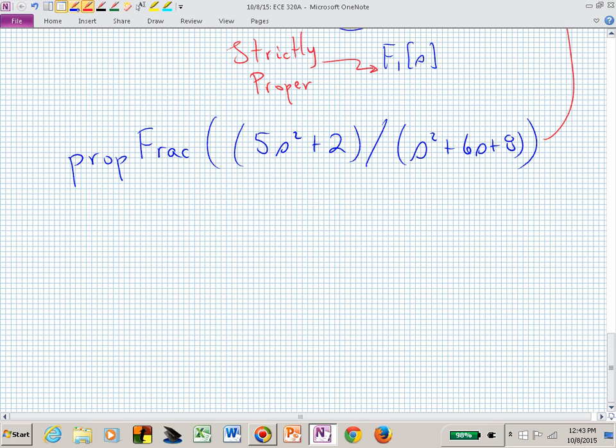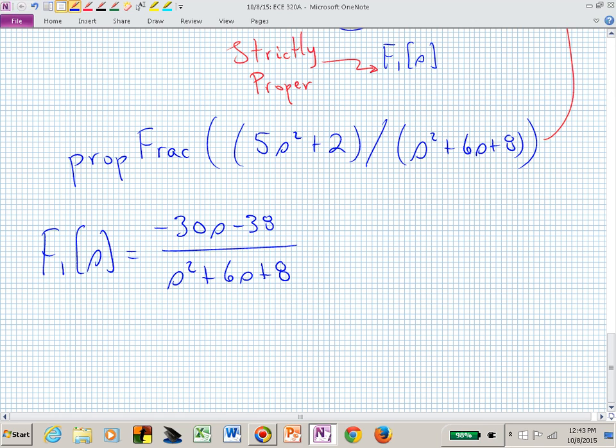Now that we have that, let's look at inverse Laplace transforming F sub 1, which was (minus 30s minus 38) over (s squared plus 6s plus 8). Now what do we do? You can try to factor the denominator. What possible roots could this denominator have?